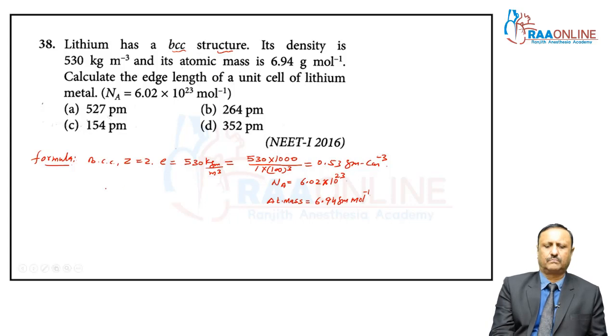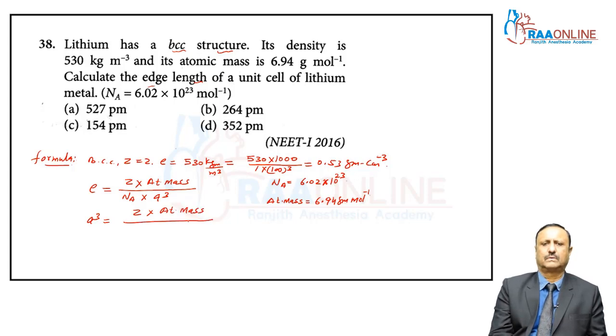First of all, the formula relating density is: density equals Z into atomic mass upon Na, the Avogadro number, multiplied by a cube. Since we want to determine the edge length, a cube equals Z into atomic mass upon Na into density.